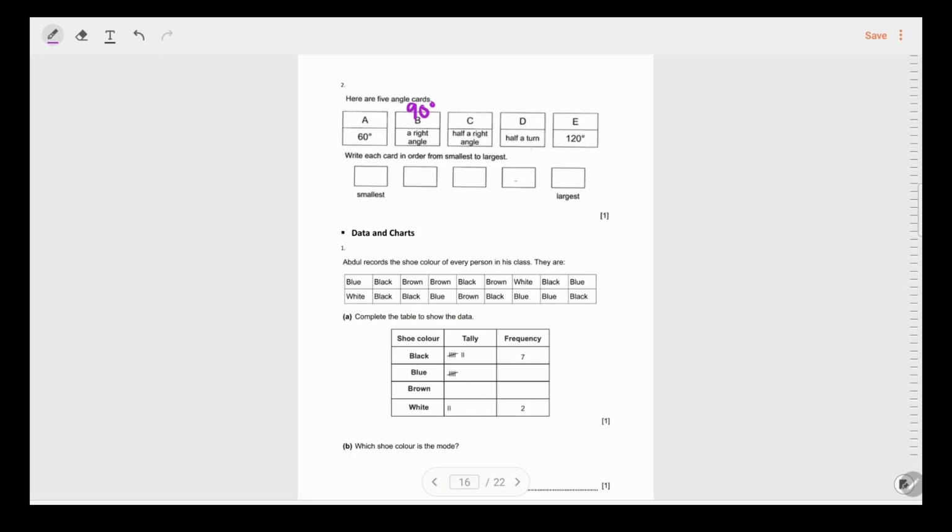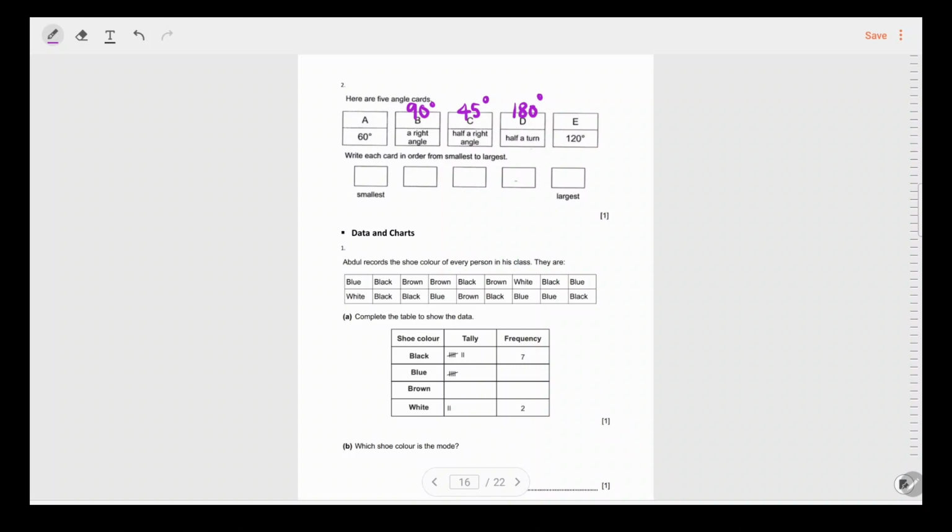C is half a right angle, so half of 90 is 45 degrees. And then D is half a turn, so a full turn is 360 degrees, which means half a turn is half of 360, 180 degrees.